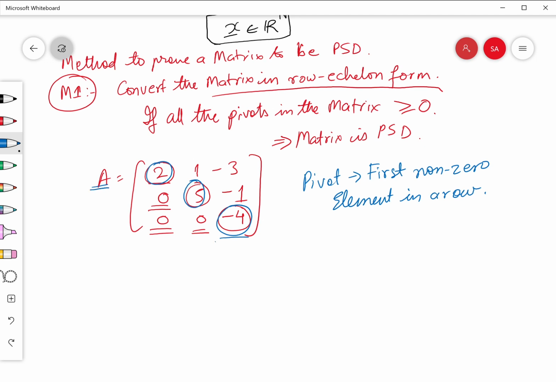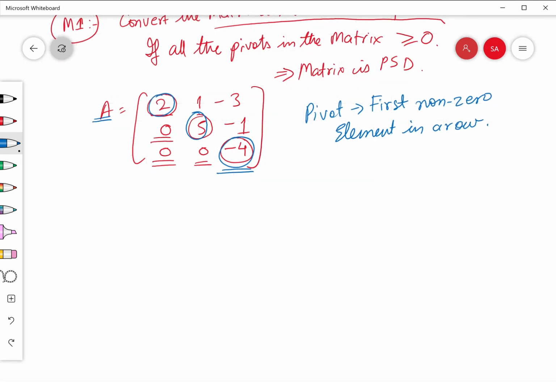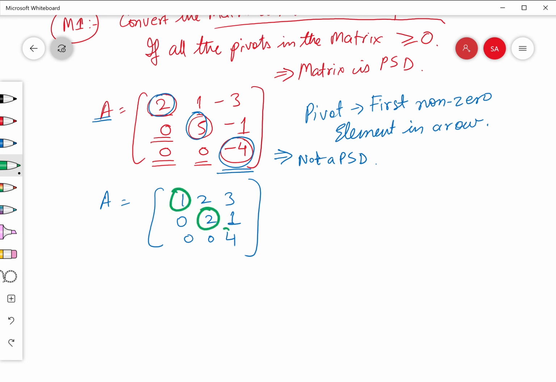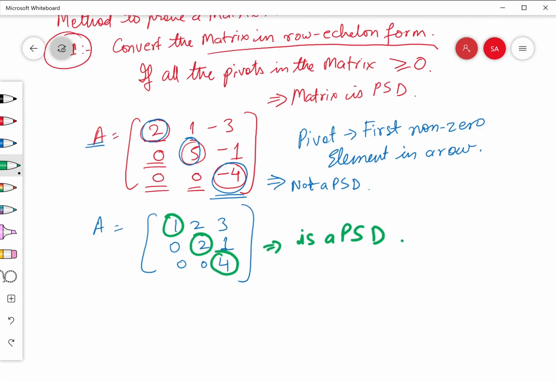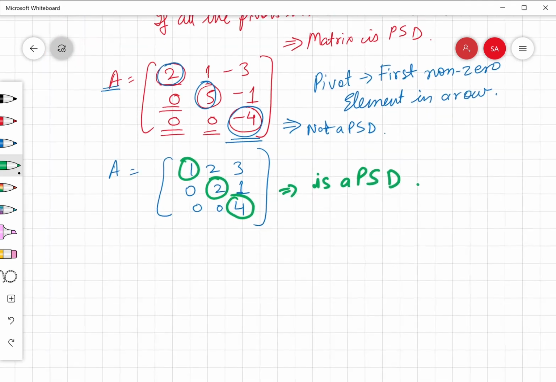Here you can see this pivot is negative, so this is not a PSD. Let's take another example, if it is something like this. Now here you can see these are the pivots and these are all positive, so this is a positive semi-definite matrix. So that's one way of proving that a matrix is positive semi-definite.